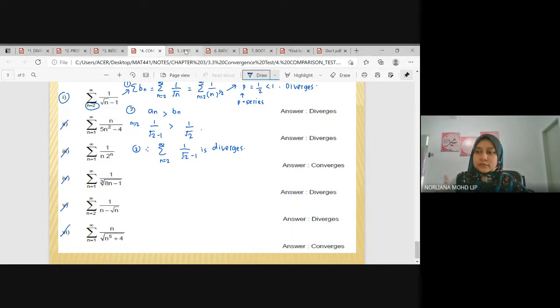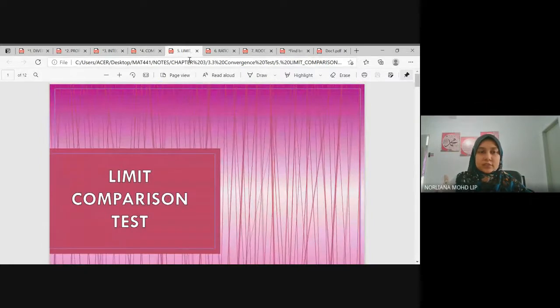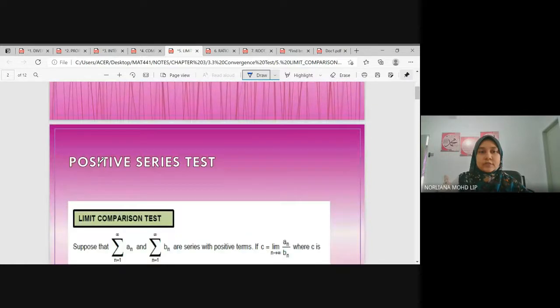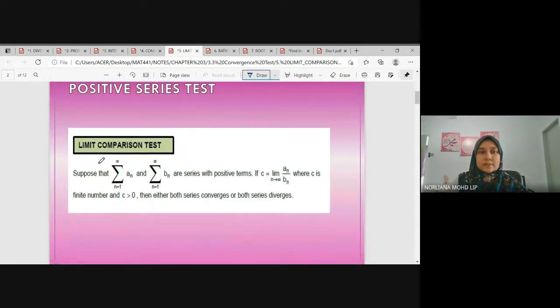So yang kelima. Okay. 5 is limit comparison test. It's also the positive series test. Okay, limit comparison test mentioned that suppose the series of an, n equal to 1 until infinity, and series of bn, where n equal to 1 until infinity, are series with positive terms.